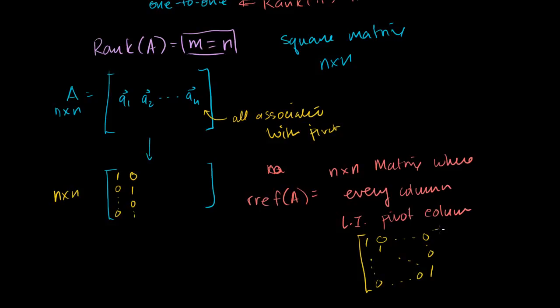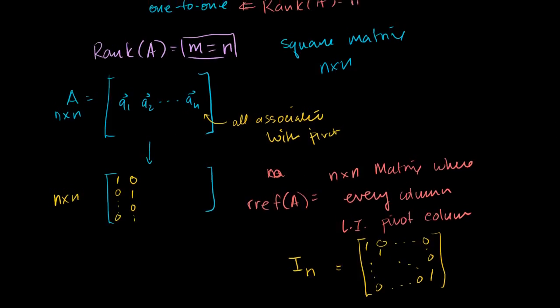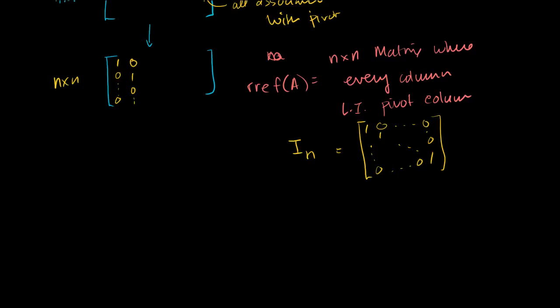We've seen this matrix before. This is just the n by n identity matrix, the identity matrix on Rn. If you multiply this matrix times any member of Rn, you're just going to get that vector again. But this is interesting. We now have a pretty usable condition for invertibility. We can say that the transformation T, a mapping from Rn to, well, it has to map to the same dimension space, so from Rn to Rn, is equal to some n by n square matrix times our vectors in our domain.